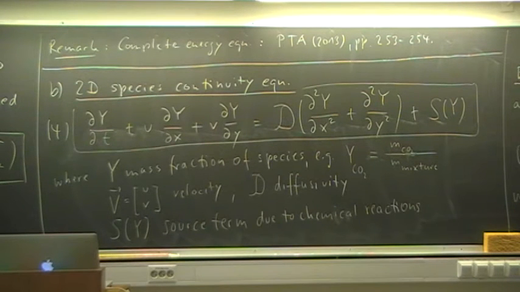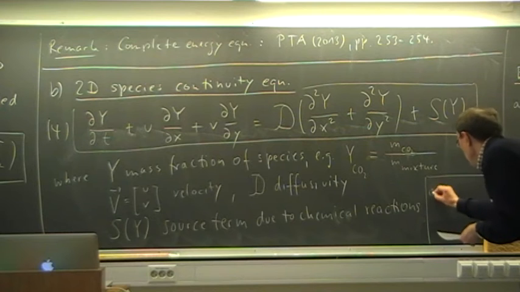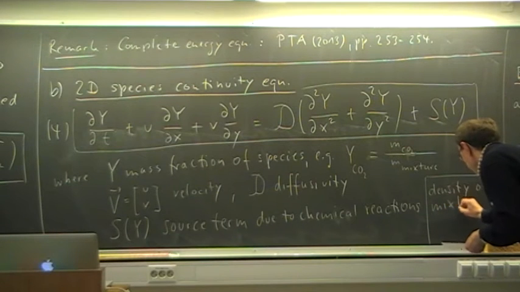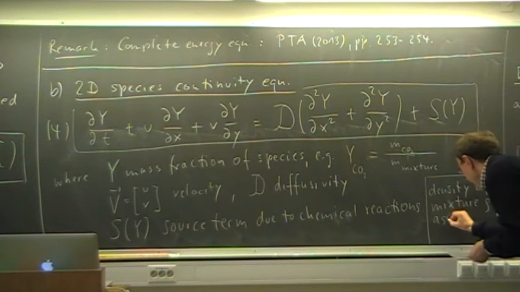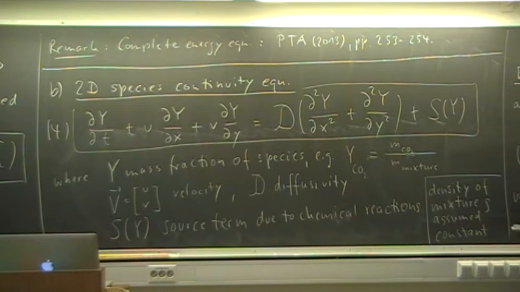And in this derivation, it is assumed that the density of the mixture is constant. So, rho, density of the mixture, rho is assumed constant. It would not be much different if we would take also a variable density into account, but to have it in the form of the convection-diffusion equation, it is easiest to have the density constant.